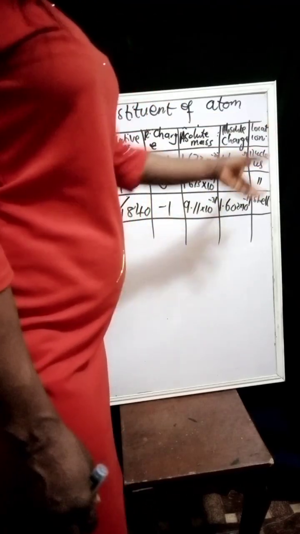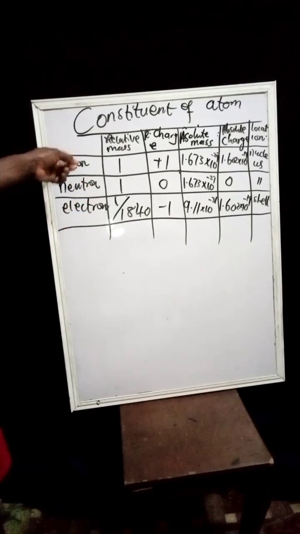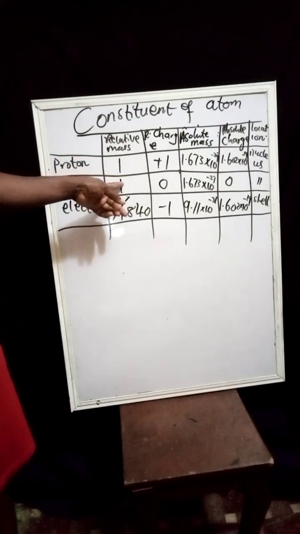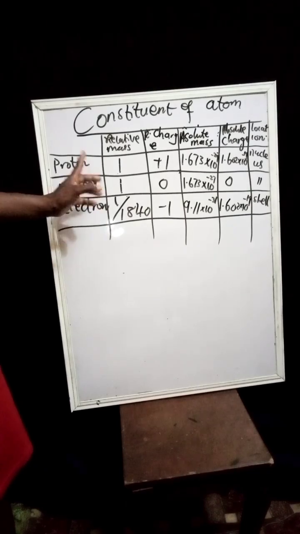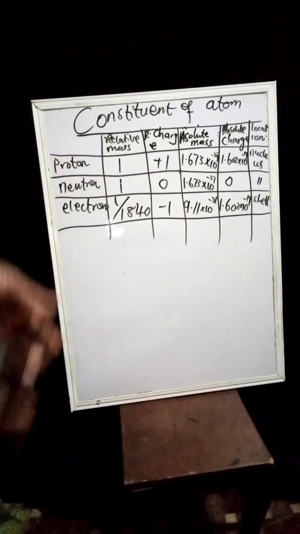That is where you find them. Then we have that the proton has the relative mass of 1, the neutron has that of 1, while the electron has that of 1 divided by 1840, which is very small.